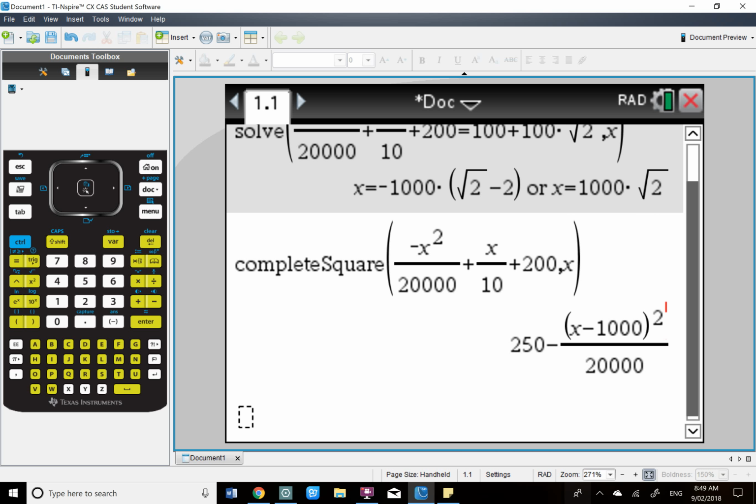Can you see where the turning point is? What's the turning point for this equation? If you add the 250 to the other side, at the back, what's the turning point?